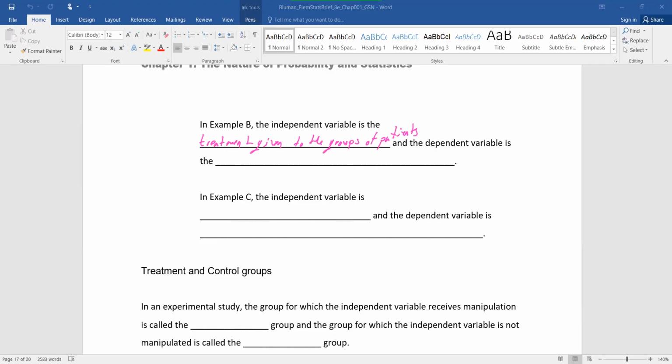However you want to write that out, they have here the response of the patients to the treatment, or you could have added in the medical results.